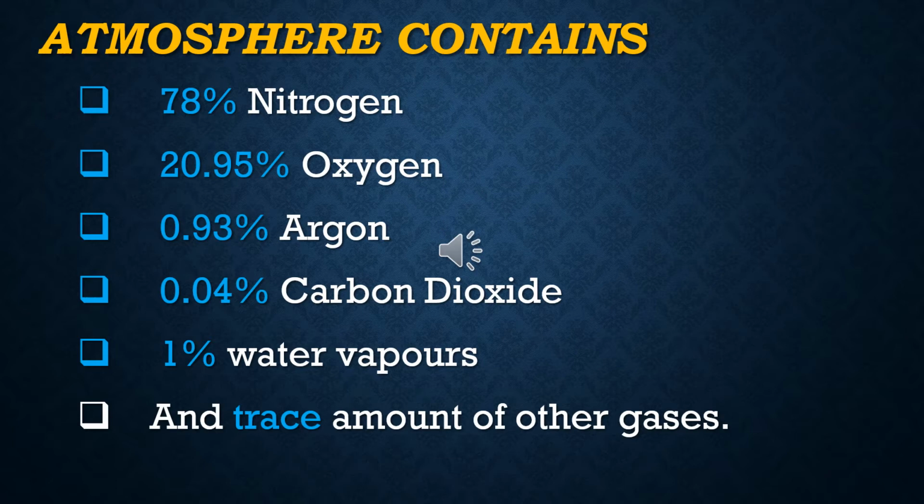Here on this slide, we have the different percentages. 78% of nitrogen gas is there in our atmosphere, and 20.95% is oxygen, 0.93% is argon gas, 0.04% is carbon dioxide gas, and 1% maybe there is water vapors, and a trace amount of other gases is also here in the environment.